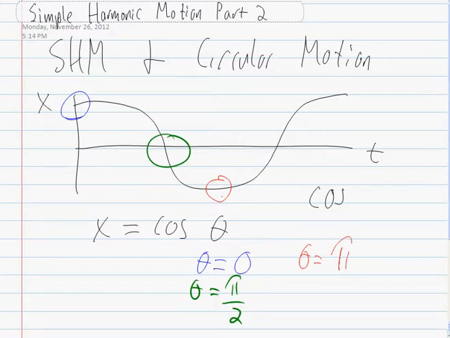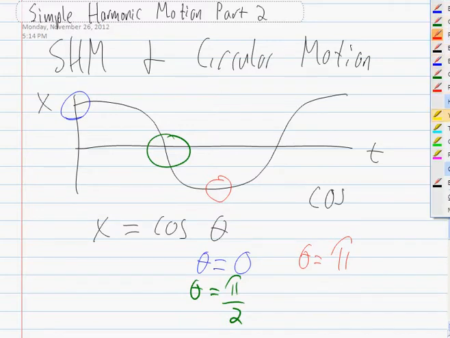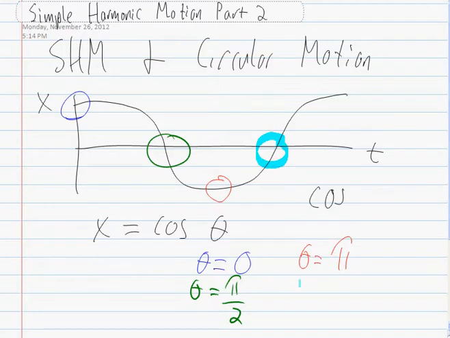It's gone halfway through the cycle. This point over here corresponds to theta equals 3 pi over 2. It's back here, it's 0, but it's headed the other way.